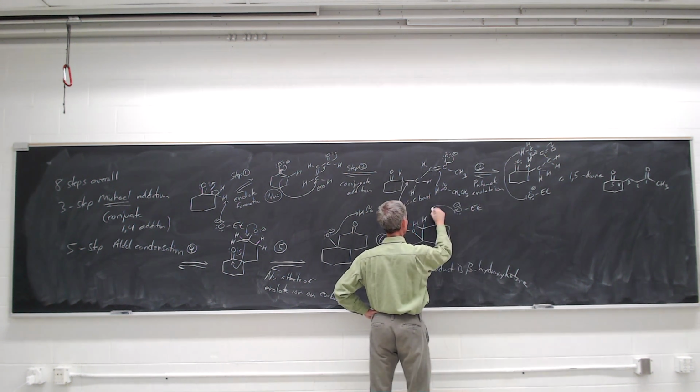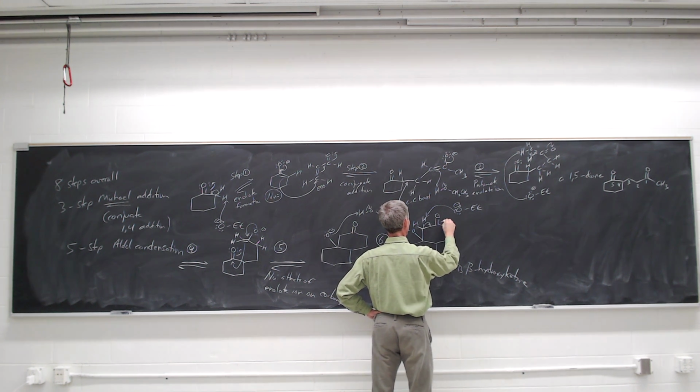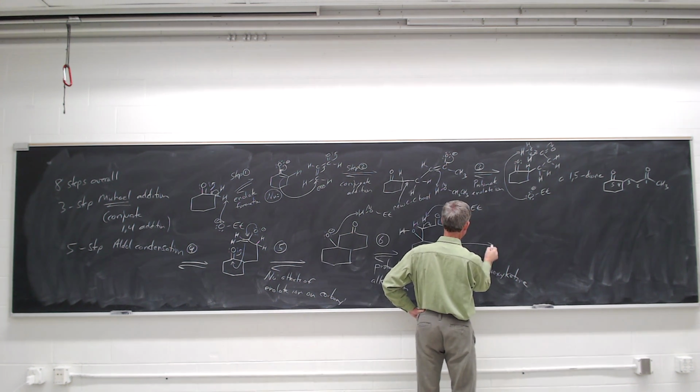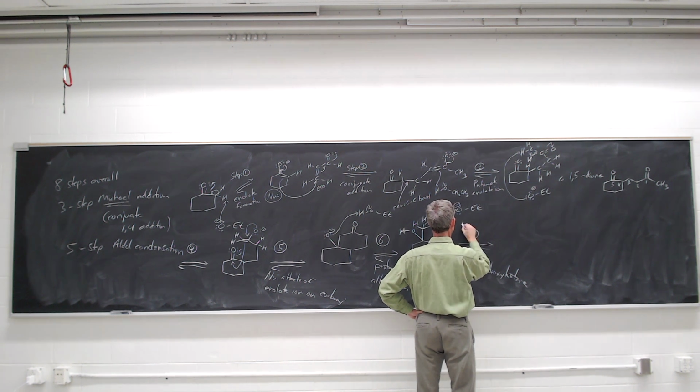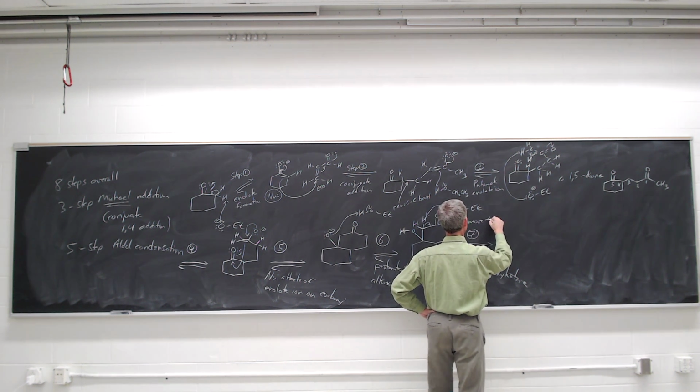Now I have my base. I have another alpha hydrogen. So again, moving alpha H to my enolate.